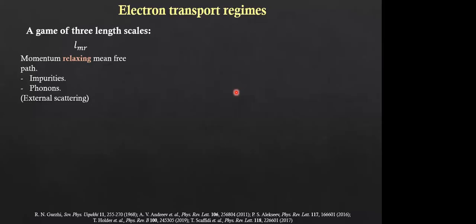The first length scale is called the momentum relaxing mean free path, and it comes because the electrons collide with impurities or phonons in the system, and this is a kind of external scattering in the device.